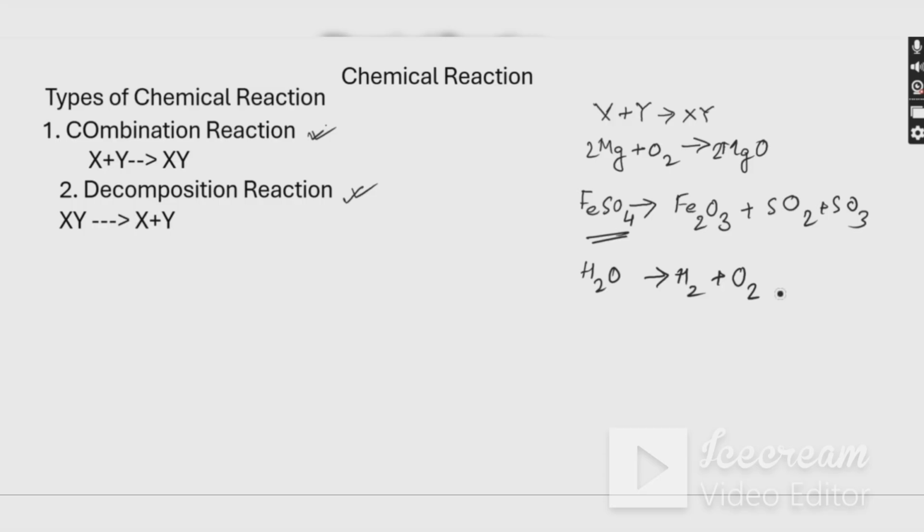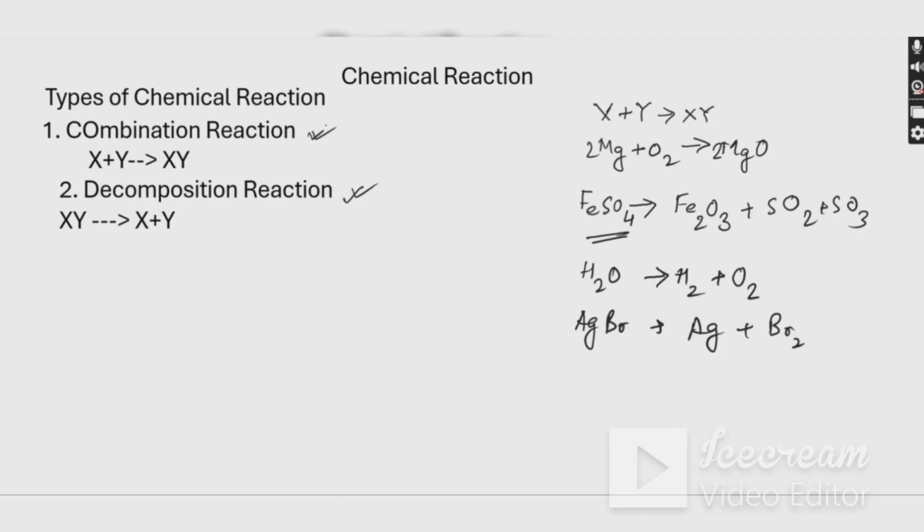And I can have something very common, silver bromide getting converted to silver plus bromine. So that is also one kind of reaction that will take place.